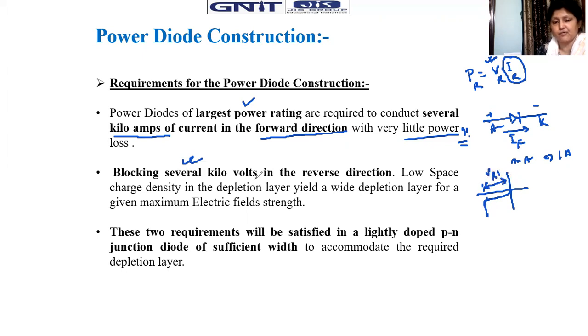That blocking voltage in the reverse direction will be quite in the kilovolt range. So we get a kiloamps range current as well as a kilovolt range voltage. That is why the power rating is very high here.